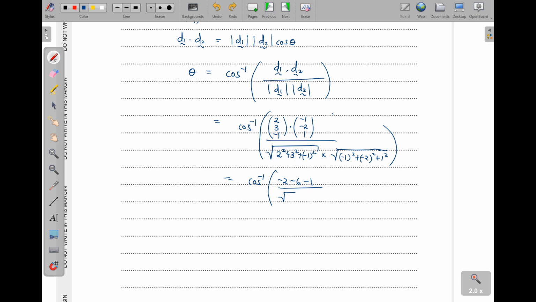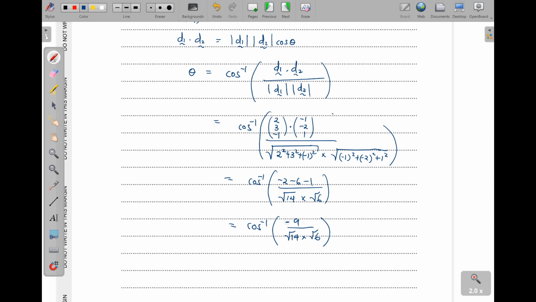So that means here I'll have square root of 14. And then this other one here is a 4 plus 1 plus 1, that is a 6. So square root of 6. So altogether, this one is -9, then over square root of 14 times the square root of 6.